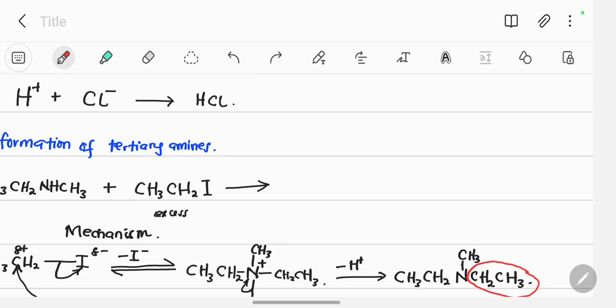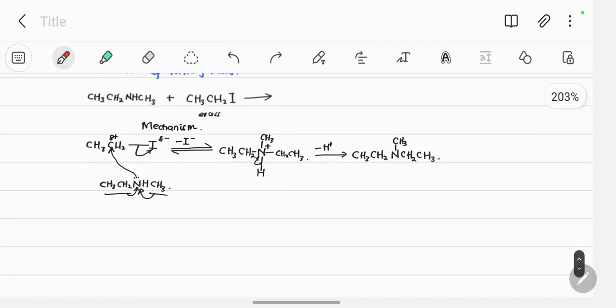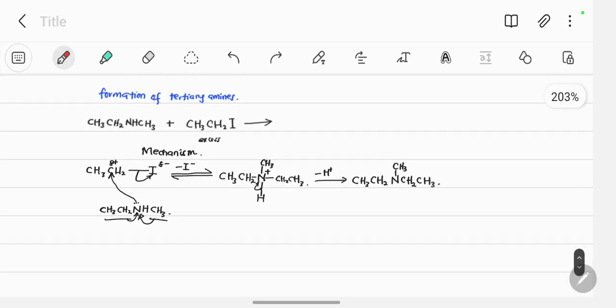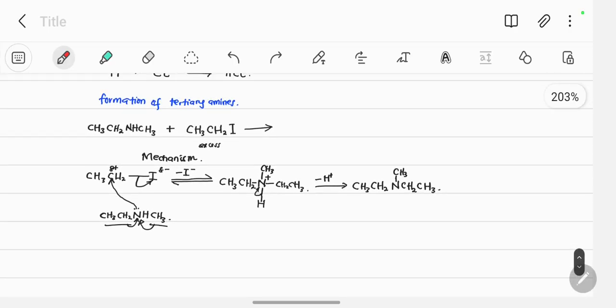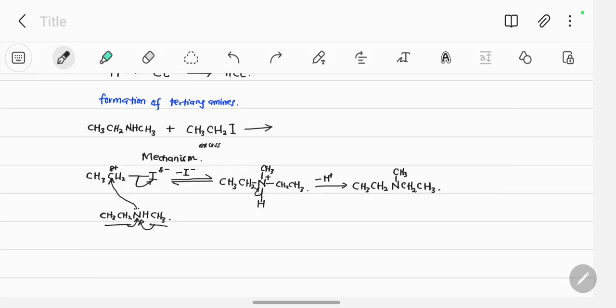Then I want us to talk about, for the mechanism it's done, I want to go to something else. Ether formation.